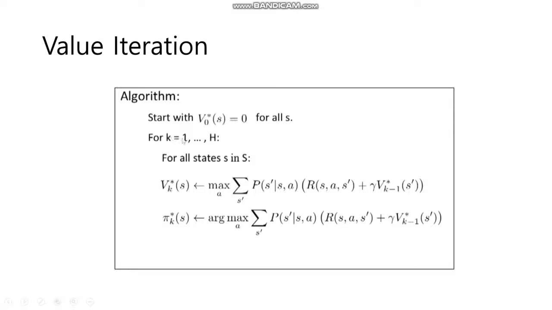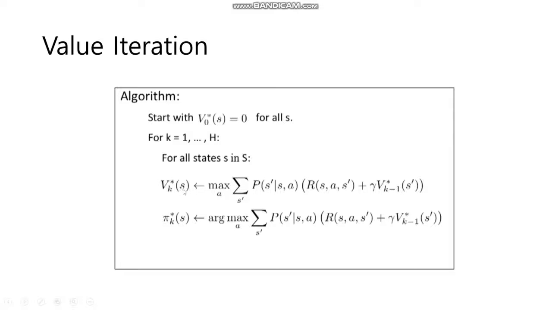there's a for loop over the horizon, and for all states s. We're going to update our value function according to the Bellman optimality equation for all states. And if we do this over and over again, it's guaranteed to converge.